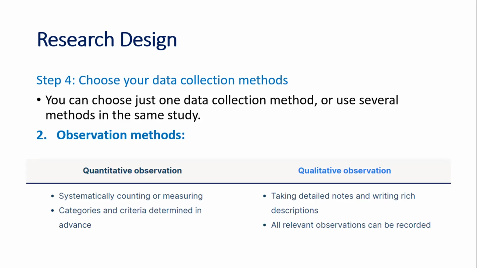Observational studies allow you to collect data by observing characteristics, behaviors, and social interaction without relying on self-reporting. Observation may be conducted in real time, taking notes as you observe, or you might make audio-visual recordings for later analysis. That can also be qualitative or quantitative.